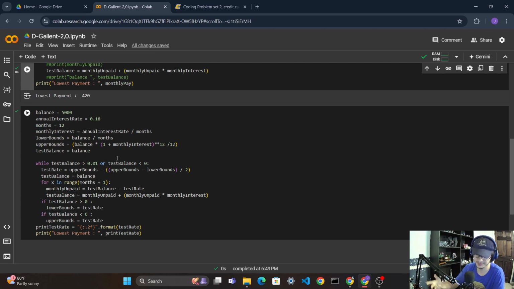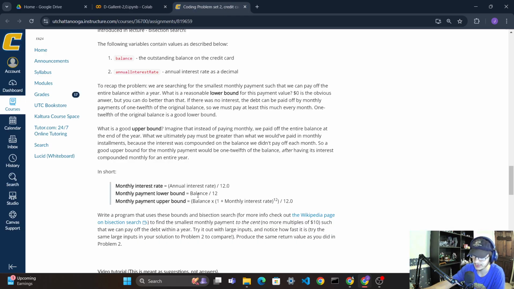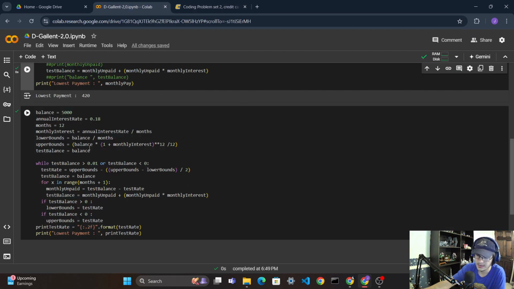So rather than starting at 1 cent, then 2, then 3, all the way through, we decided to create an upper bound and a lower bound, which are displayed right here, and we get that information from here. And we use these to figure out what our monthly rate could be.